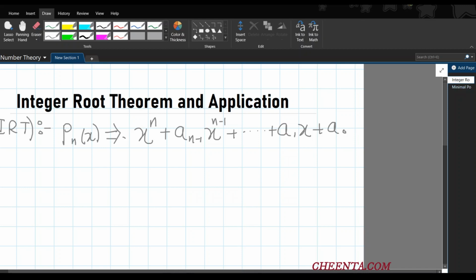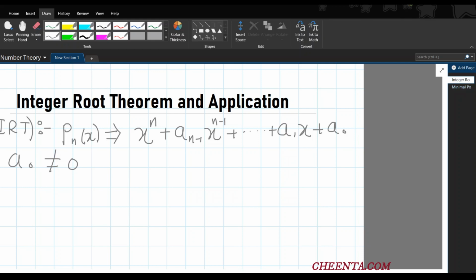Normally there is an a_n term, but we have considered it to be 1 for the case of the integer root theorem, with the additional condition a_0 not equal to 0, because if it is 0 you can just factor out an x and you will again have a polynomial of this form. So we can assume this.